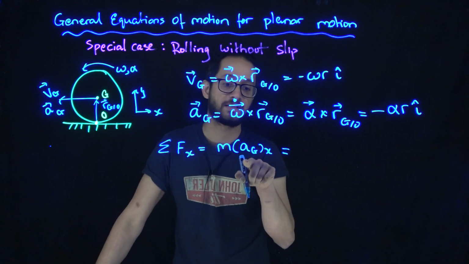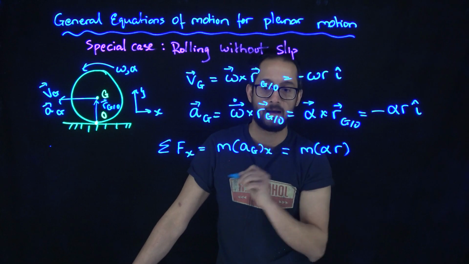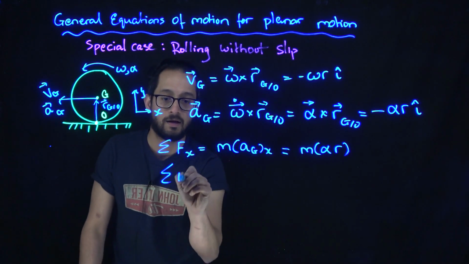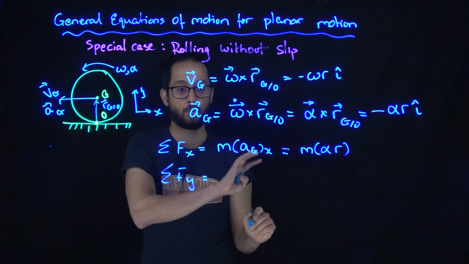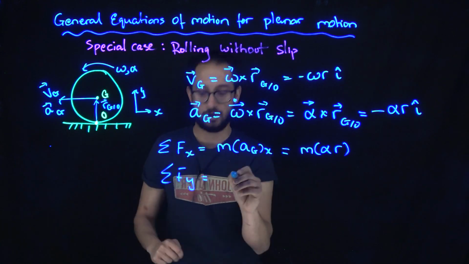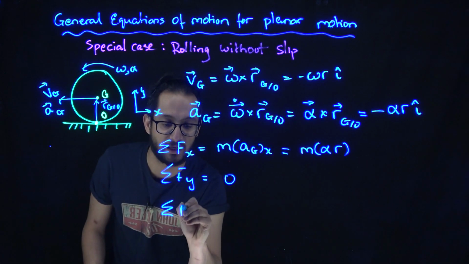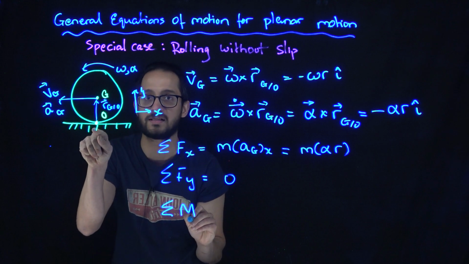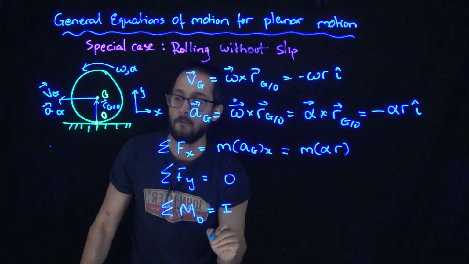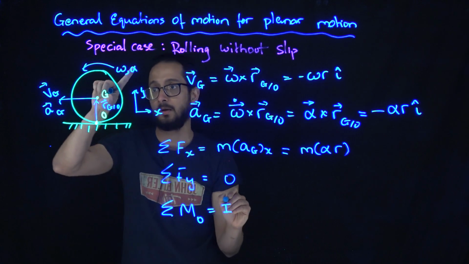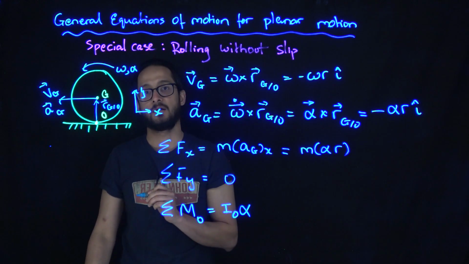I know that the scalar value here is just alpha R, so it turns out to be m alpha R. In the y direction, all the forces that act in the y direction equal m AGY, which equals 0. And for this specific case, I can take moments about the instantaneous center of rotation O, which is just equal to my mass moment of inertia about the point O times the angular acceleration.